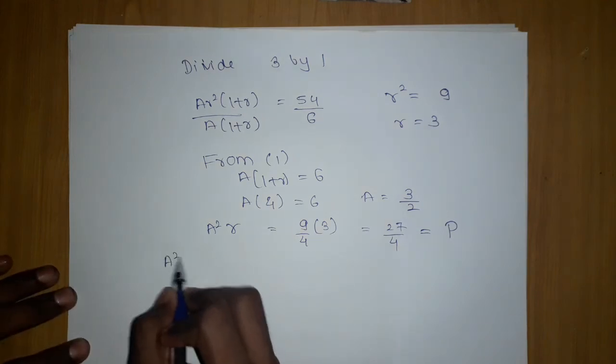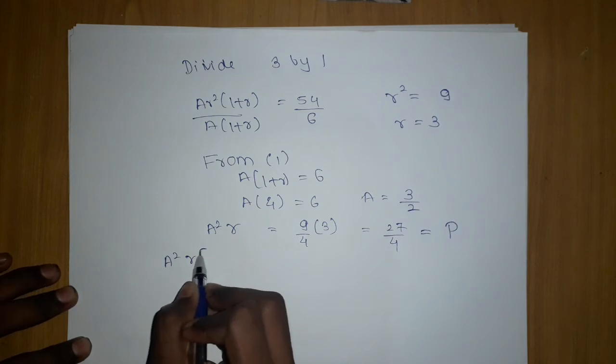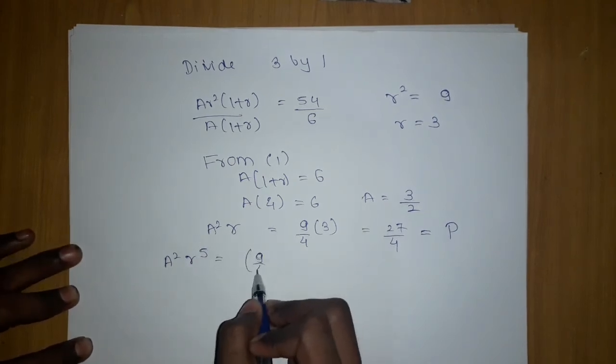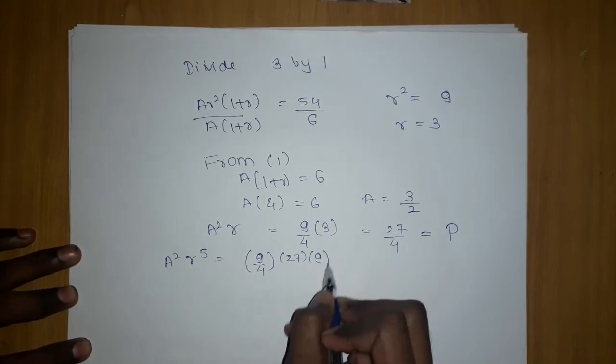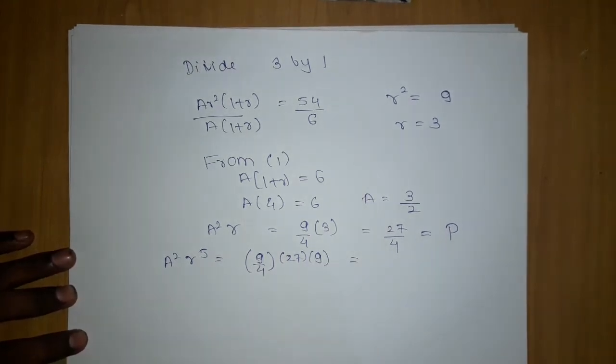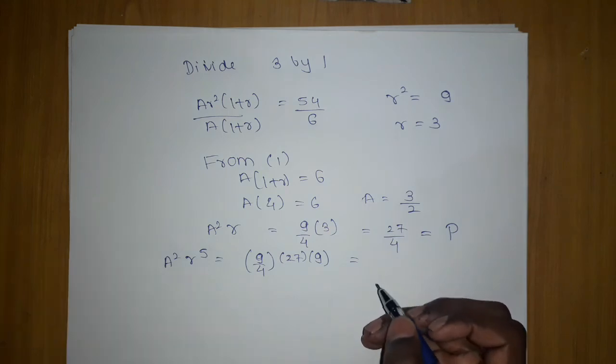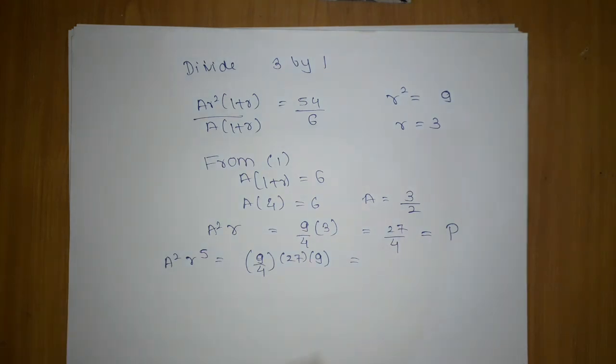q is a square into a into r to the power 5, which is again 9 by 4 into 27. This will be 27 into 9, which will indirectly lead us to something like 27 into 9. Let me get the value.